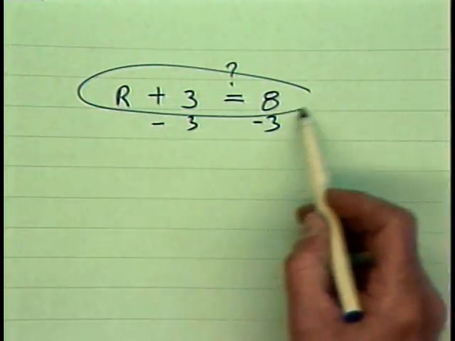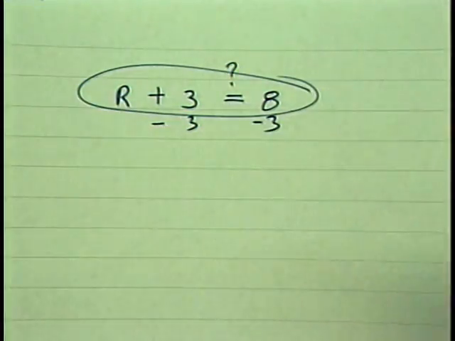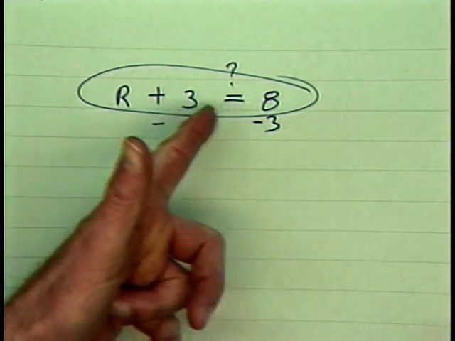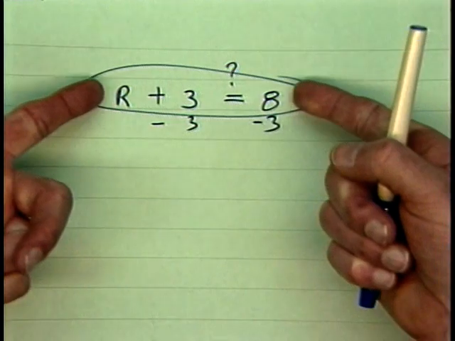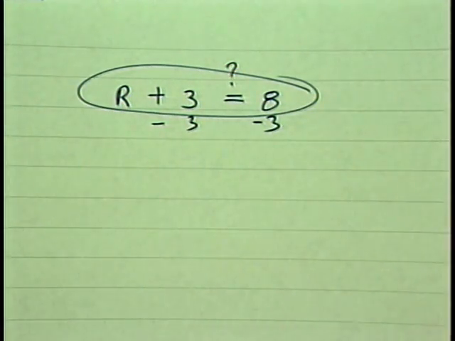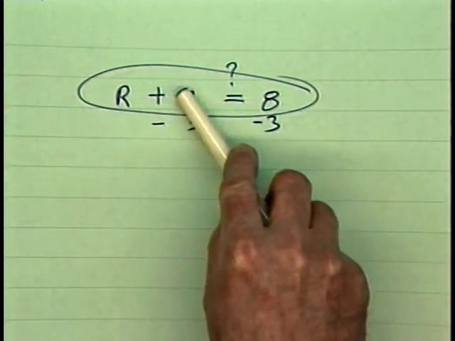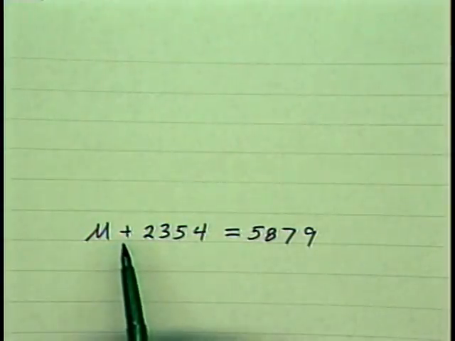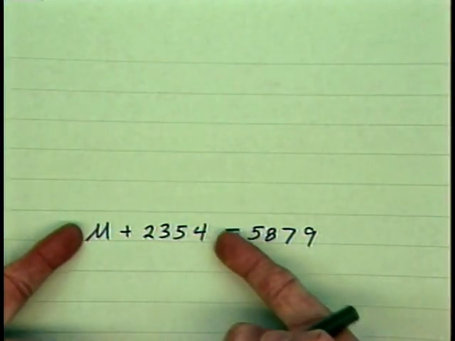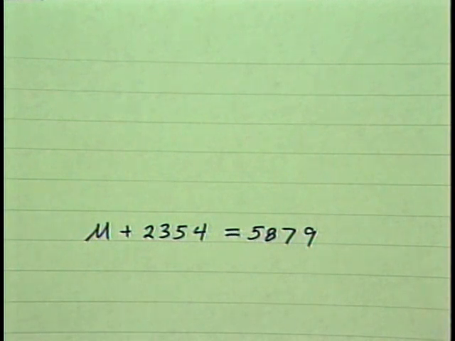You can just read the sentence and just see that 5 plus 3 is 8. Reading solves it automatically. However, as these numbers become more complicated, then it is no longer so obvious what the solution is.